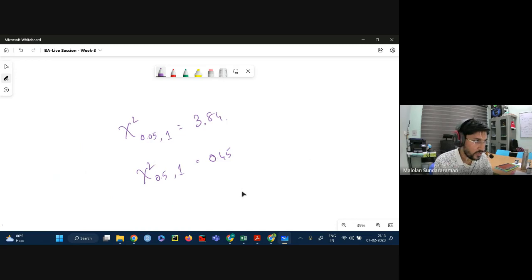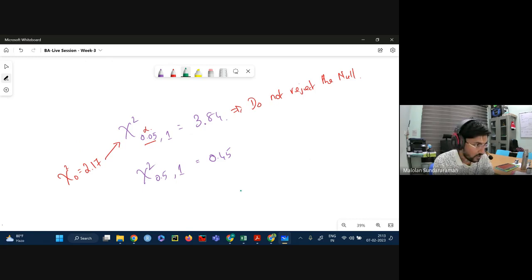Now, my chi-square computed was 2.17. When I choose 0.05 as my alpha, I do not reject the null.